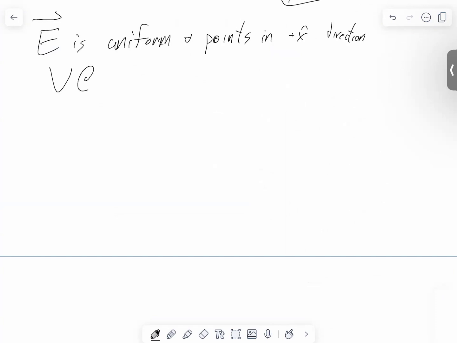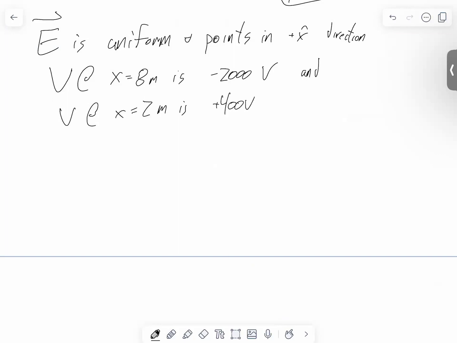Voltage at x equals 8 meters is -2 kilovolts. And voltage at x equals 2 meters is positive 400 volts. Find E.